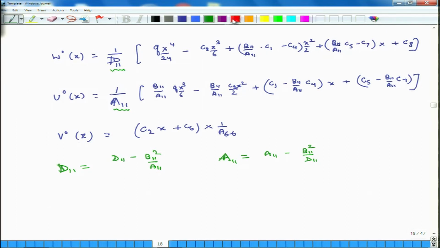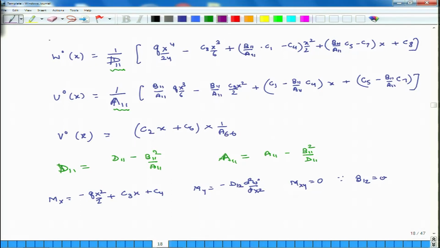Okay. And so, these are u, v and w's, and then what is mx? It is still minus q x square over 2 plus c3 x plus c4, my is still minus d12 d2w naught over dx square, mxy is still 0 because b12 is 0.